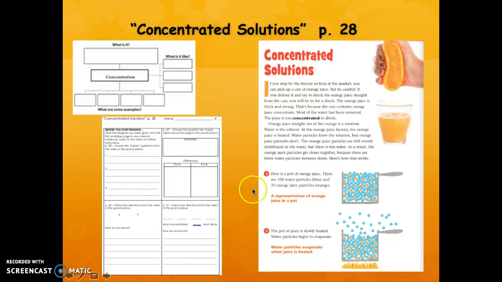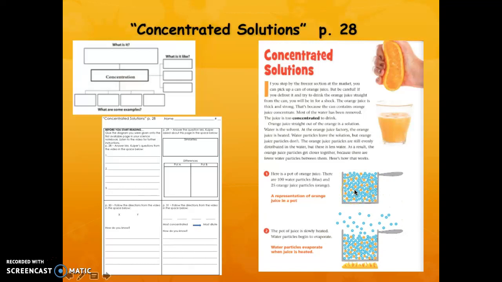Number 2, what do the different colored circles represent? So what do the blue circles represent? What do the orange circles represent? Stop the video and answer that question right here. What do the different colored circles represent? Number 3, what's changing from this diagram to this diagram?